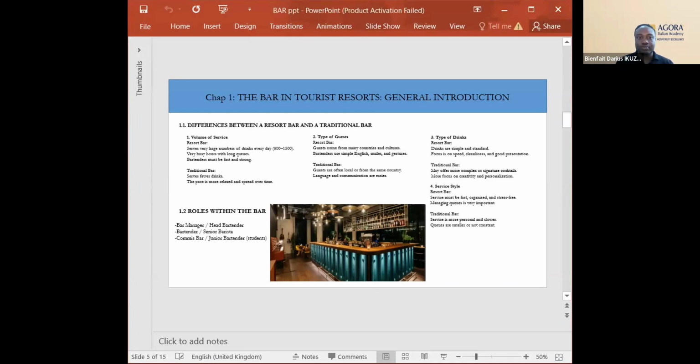So when we talk about the traditional bar and the resort bar, they are different in four ways. The first one is the volume of the service. The second difference is the type of guest that they serve. The other difference is the type of drinks they serve. And lastly is the service style in both resort and traditional bars.